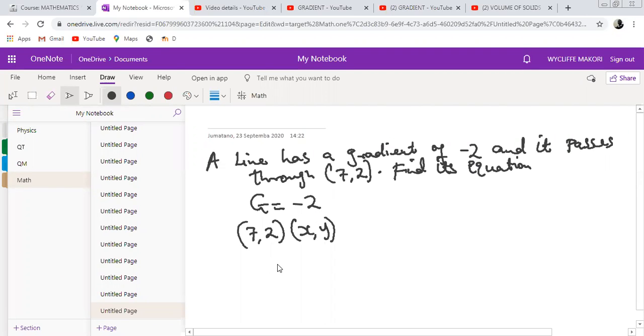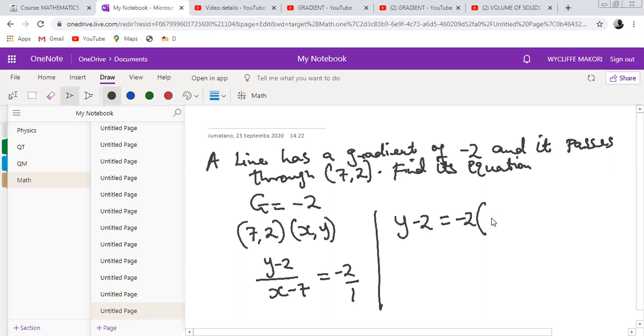So y minus 2 over x minus 7 should give us the -2, which is the same as -2 over 1. Cross multiply, 1 to multiply here. So it is going to be 1 times y minus 2, which is the same as y minus 2, should be equal to -2 to multiply this. So we shall have -2 into bracket x minus 7.